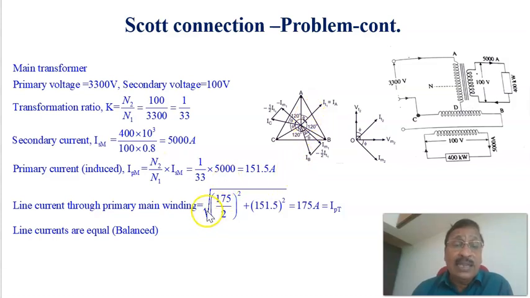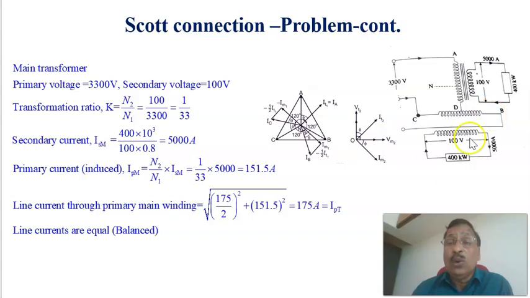To calculate that, it is the square root of (175 by 2) squared, where the teaser current is 175 amperes divided by 2, plus 151.5 whole squared, which is equal to 175 amperes, the same as the teaser current, because the phase currents IA, IB, IC are all 175 amperes.